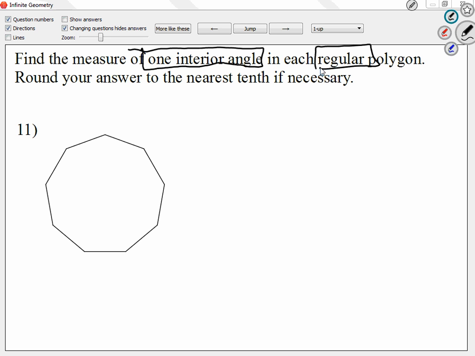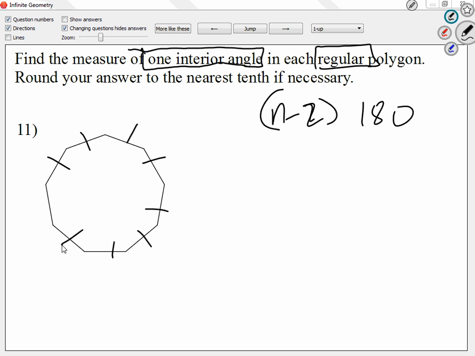So I'm going to start the same way I started the front side. I'm going to go n minus 2 times 180. Let me count how many sides there are. In this case, there's 1, 2, 3, 4, 5, 6, 7, 8, 9.